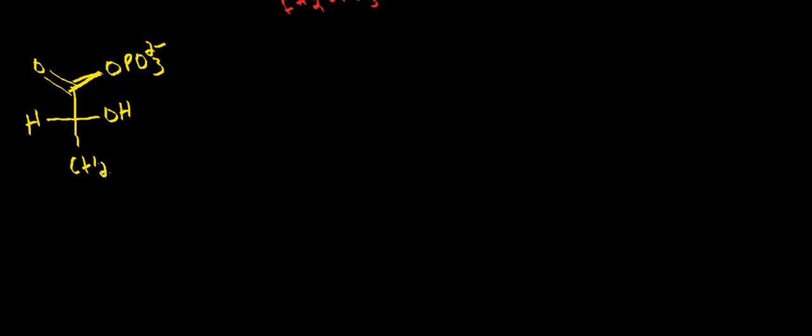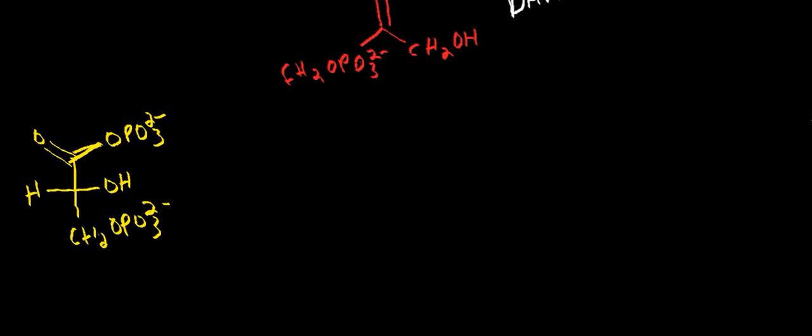So here we have a phosphate group, and we have OH and a H, O and CH2OPO3 2 minus.